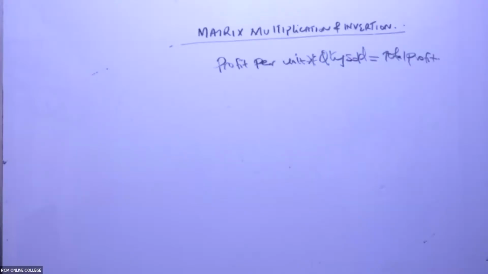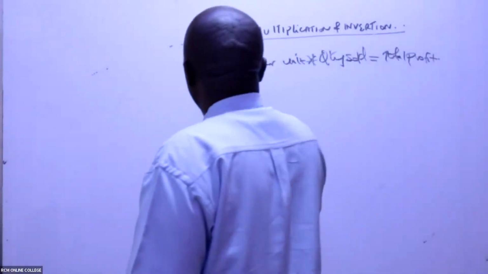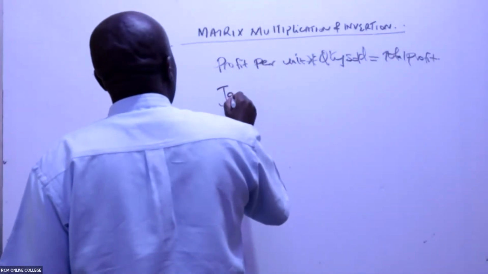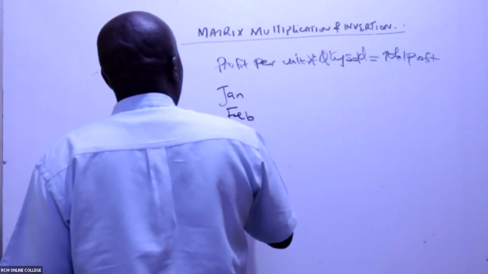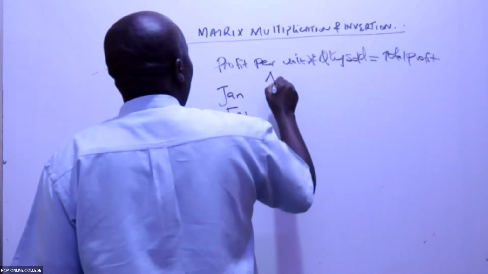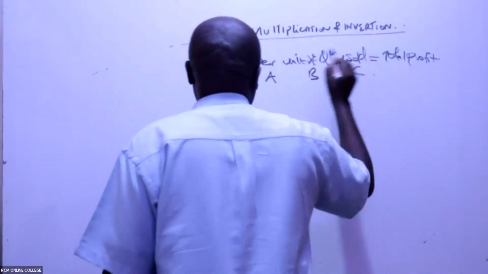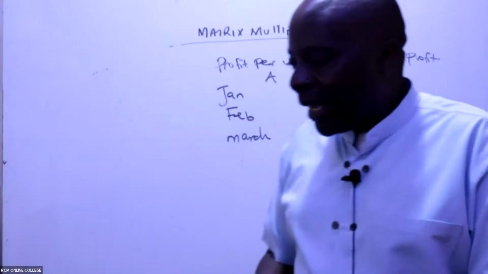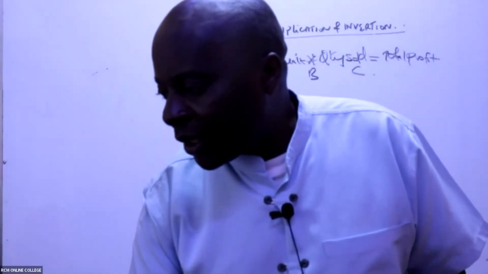This profit per unit has been given on a monthly basis. We have January, February, and March, for products A, B, and C, in the form of a matrix. They are telling us the profit per unit of the products as follows: 2,000, 3,000, and 4,000 for A, B, and C respectively during the month of January.